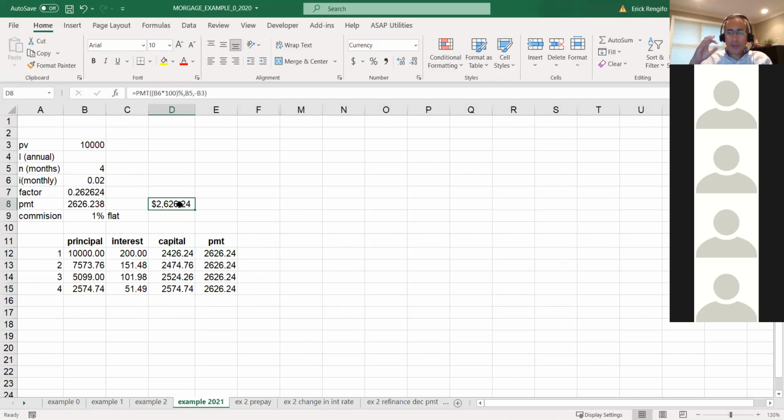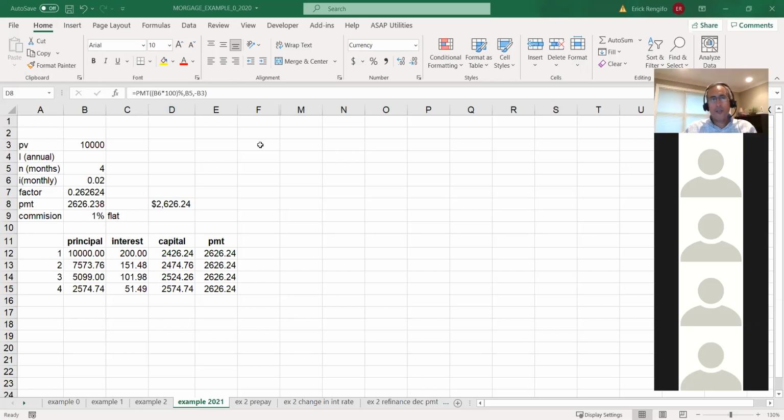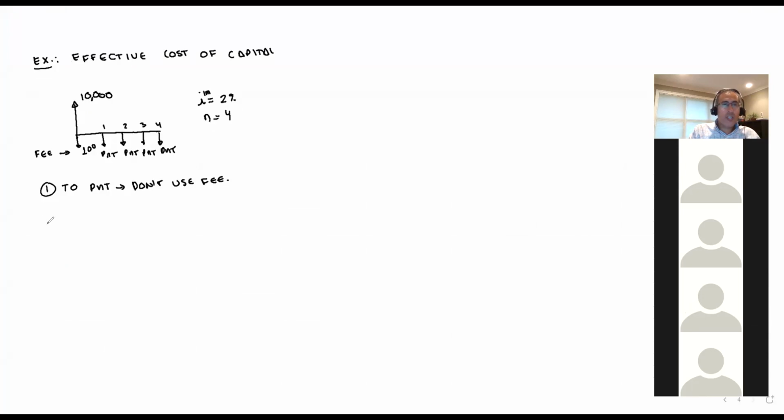So step number 1, when you have fees, commissions, etc., you ignore them. The payment is free of that. We don't consider that. Now, when do we use the fee then? Why is it useful? When we want to compute what is my effective cost of capital, in that case include all expenses, all fees, commissions, etc. Got it?